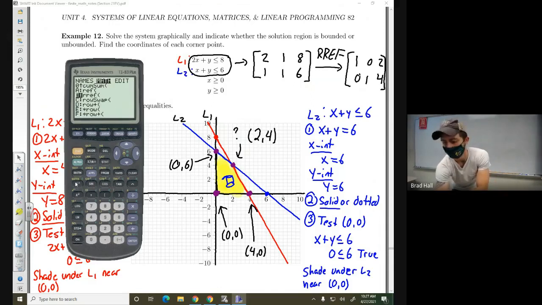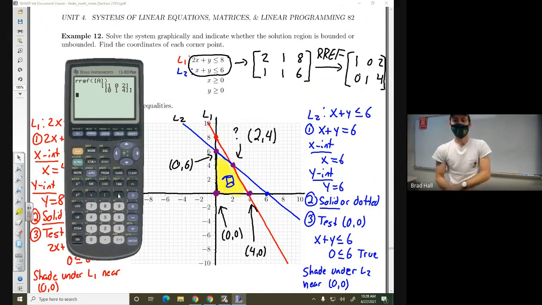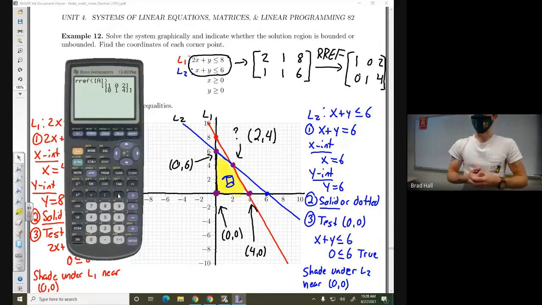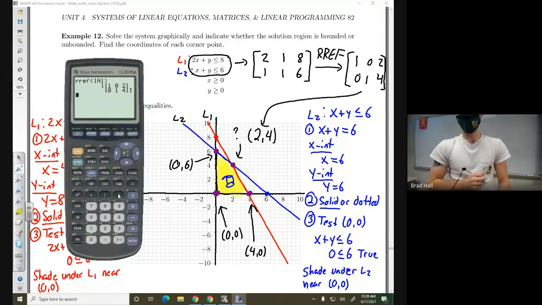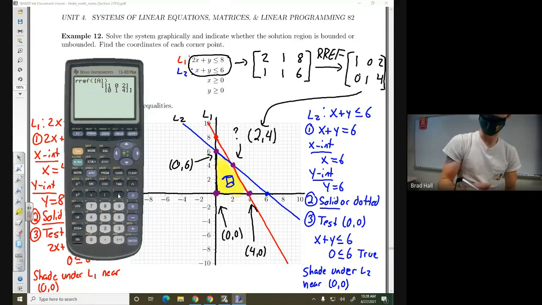So this is what we talked about in class for the augmented matrix section. We get exactly this, which tells us that the point 2 comma 4 is the point of intersection.